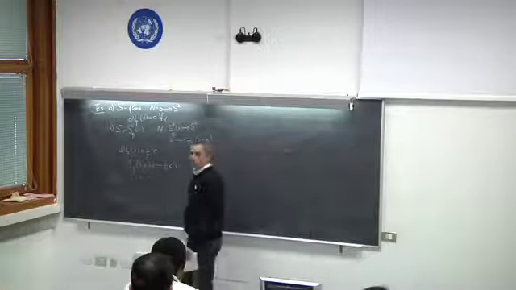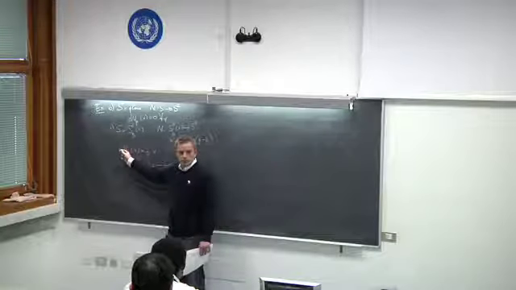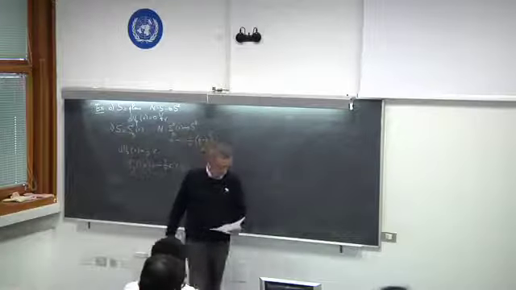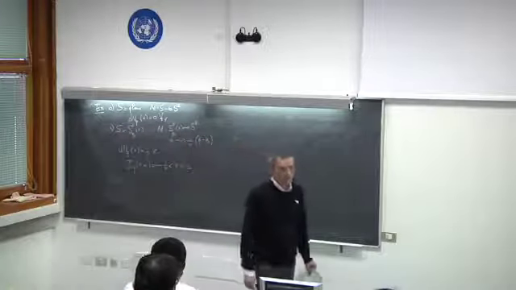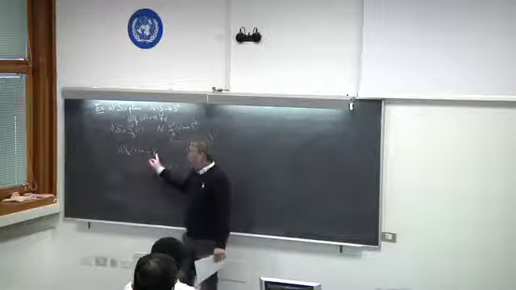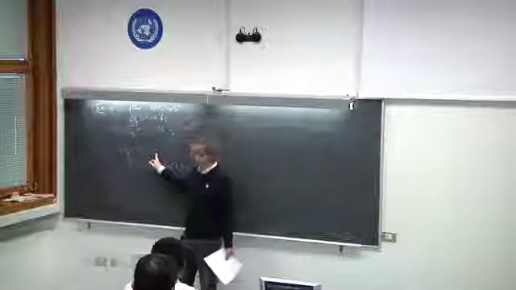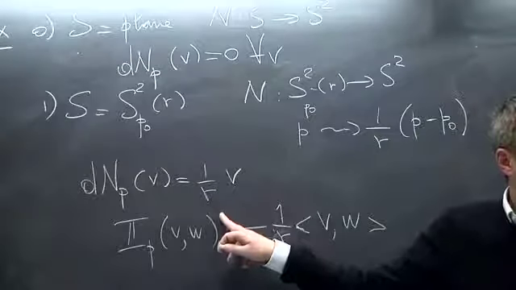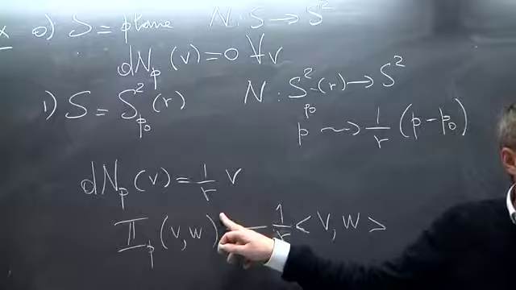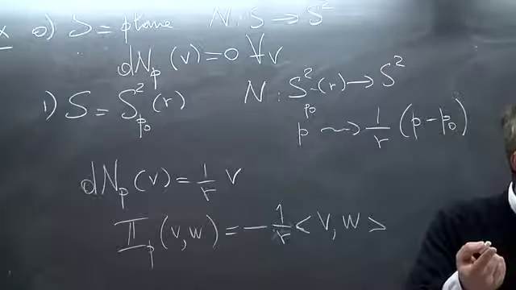Which are the eigenvalues of minus d n p? Remember, K1, K2, the principal curvatures, are the eigenvalues of minus d n p. Well, it's written here that the differential of the Gauss map is a multiple of the identity, and the factor is 1 over r. So the eigenvalues are 1 over r, both. There is only one eigenvalue with multiplicity 2.